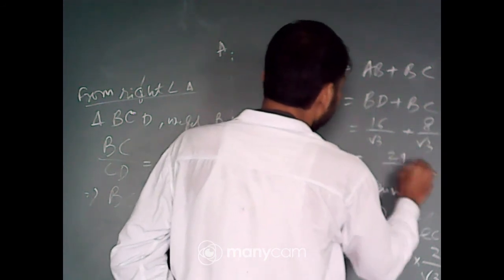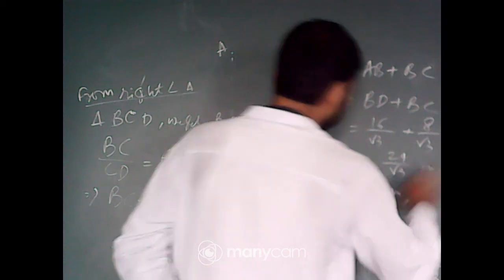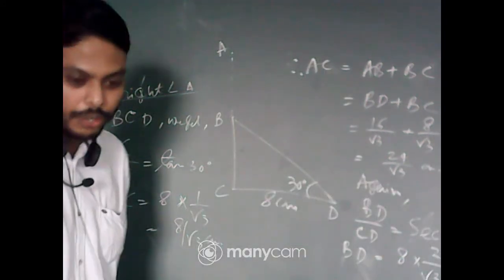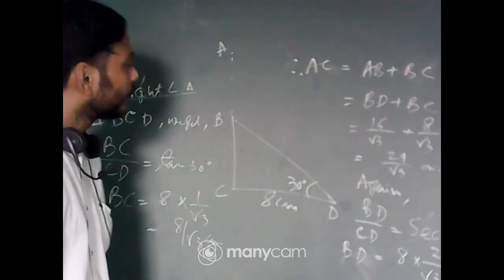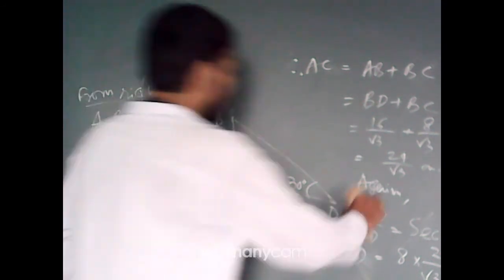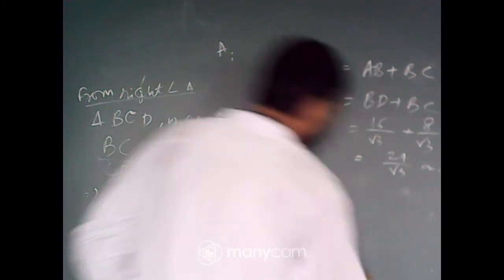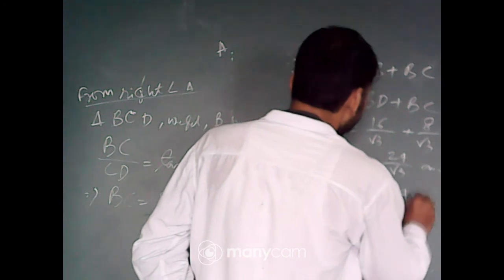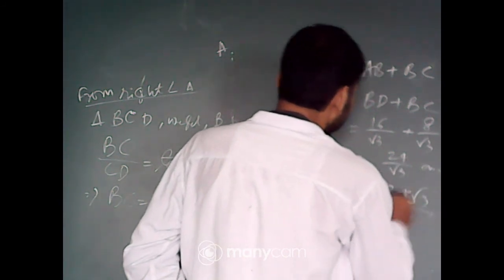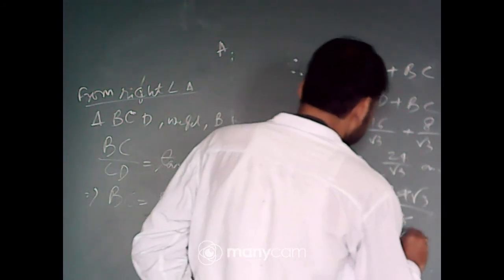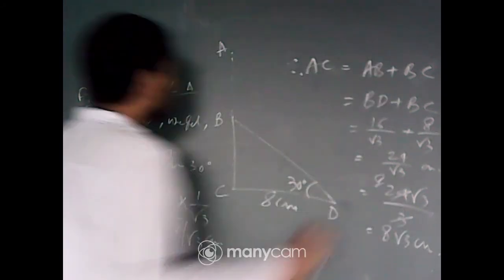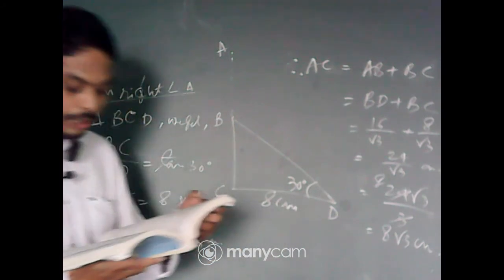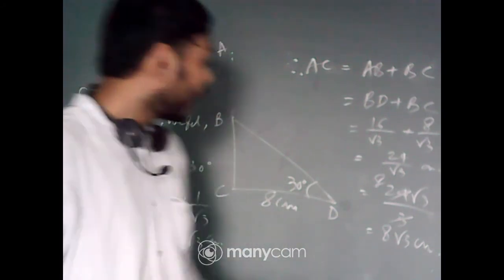So 24 by root 3. Is it all right? If you rationalize it, after rationalizing, you get 24 root 3 by 3, then after cancelling it will be 8 root 3. So just write the answer here. Therefore the height of the tree is 8 root 3.